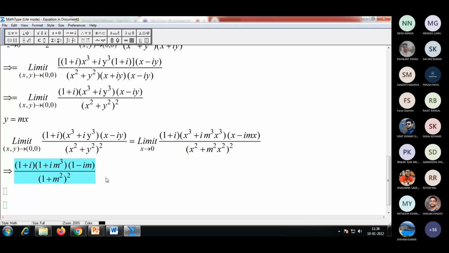This shows that the limit depends upon the path.